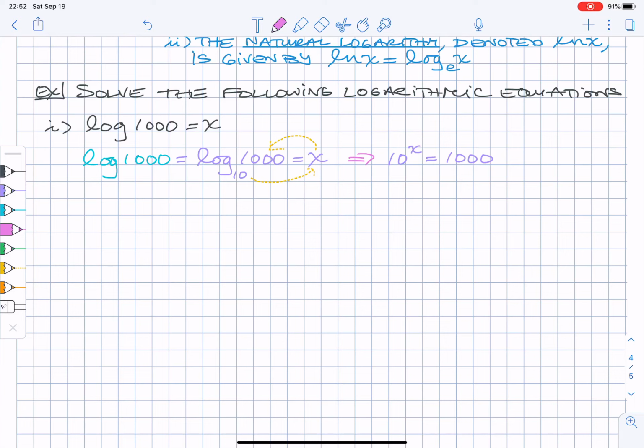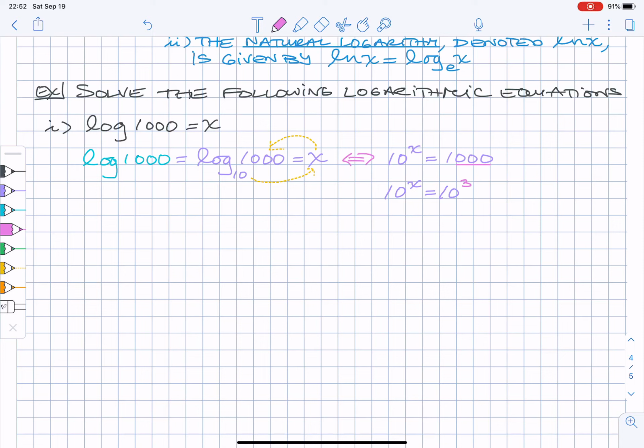And actually this implication goes both ways. Okay, so 10 to the x. How many zeros are on this? There's 3 zeros here. So I know I can write this as 10 to the third, because it's always 10 raised to the power of how many zeros are on the 1.